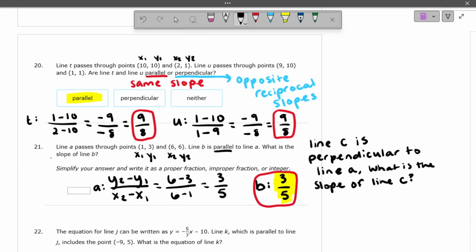This is just me adding on to question number 21. So before I was asking parallel, and now I'm saying perpendicular.